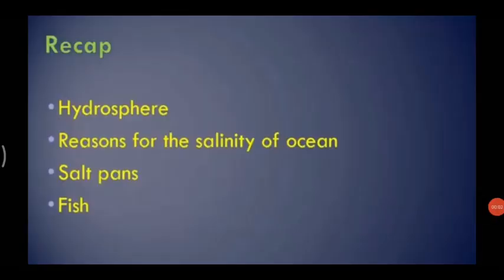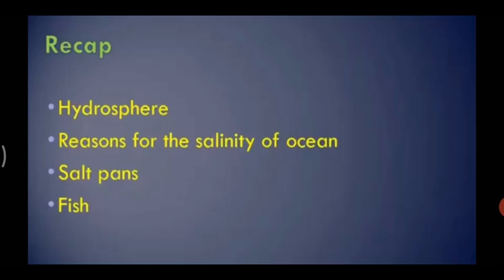So, students, in the last class, we learnt about the different water bodies in the hydrosphere. Then we learnt about the reasons for the salinity of the ocean: erosion, dead animals or dead remains in the water, volcanic eruptions, and evaporation.